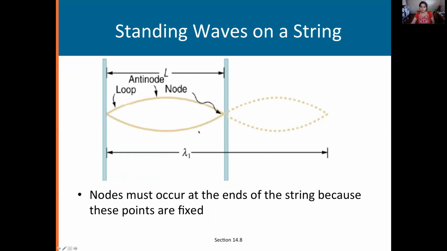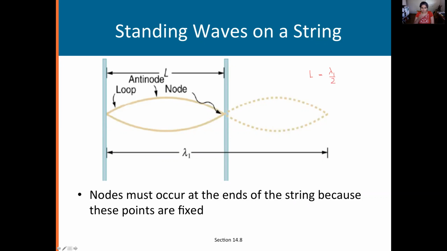However, we don't actually have string here on this right side of these two blue poles where the string is tied. So all we can generate is this part of the wave. So our length L for the string, let's say the string has some length L, that's equal to lambda 1 over 2, yeah?